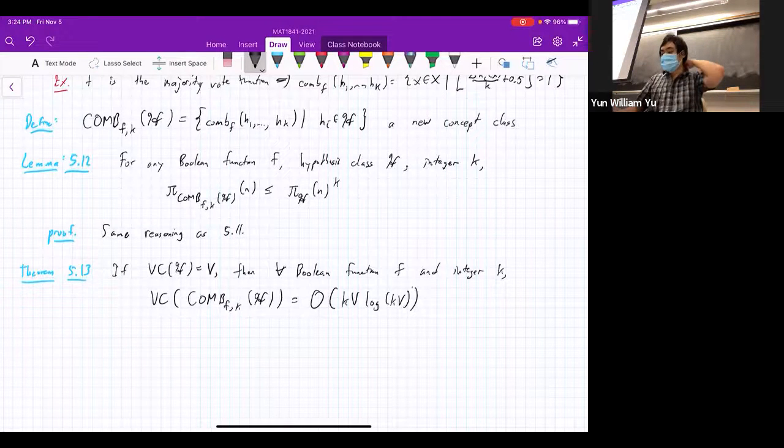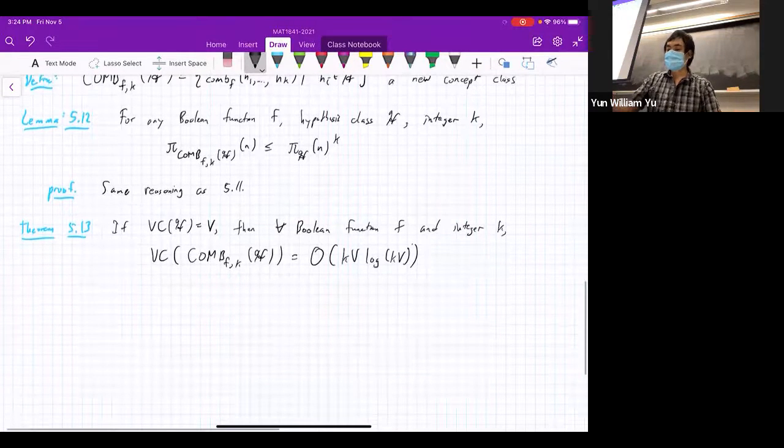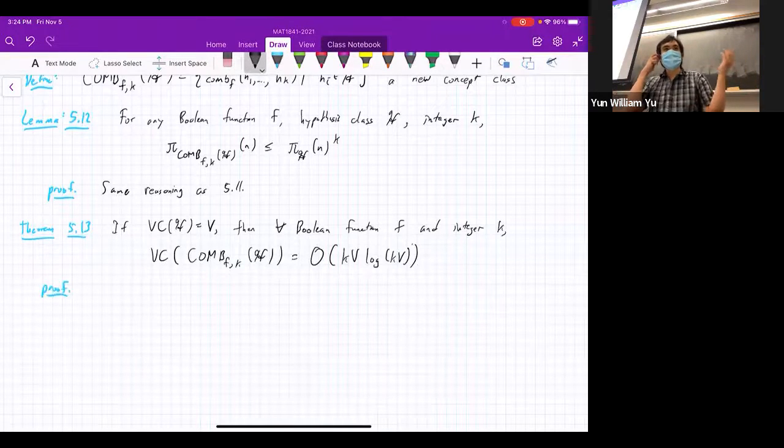Okay, so this will follow from the shattering function that we've already proven stuff about. And basically, when you combine together concept classes, you get something that has a higher VC dimension. How much higher? Exactly this much higher.